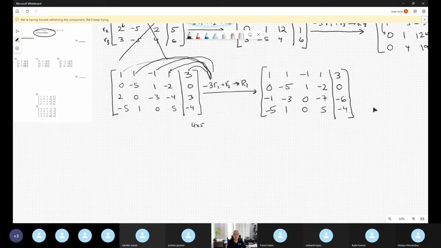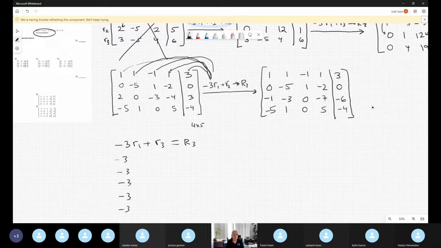Another way to organize this idea is you copy like that: minus 3 R1 plus R3 equals R3. And you copy minus 3, minus 3, minus 3, minus 3, 4 times, or 5 times.